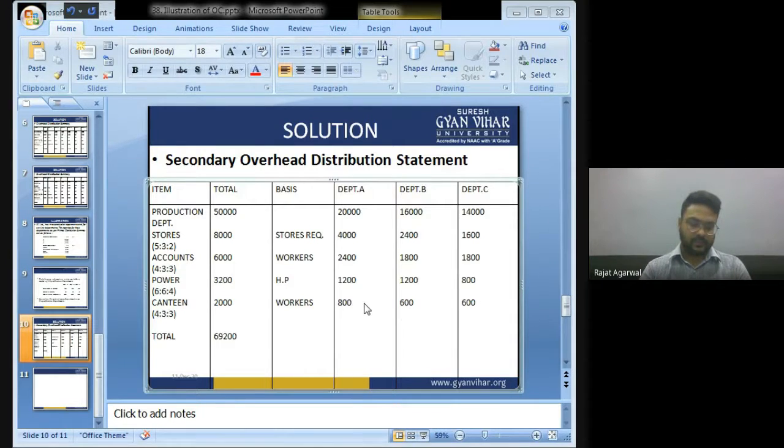Department A: 20,000 plus 4,000 plus 2,400 plus 1,200 plus 800 is 28,400. Department B: 16,000 plus 2,400 plus 1,800 plus 1,200 plus 600 is 22,000. Department C: 14,000 plus 1,600 plus 1,800 plus 800 plus 600.